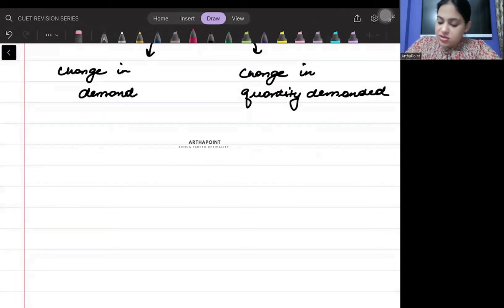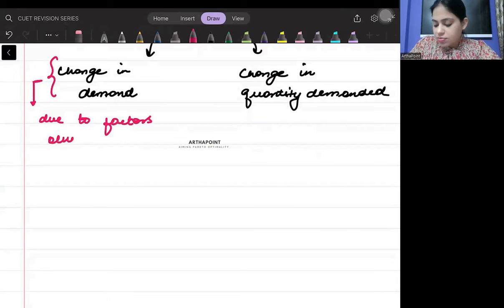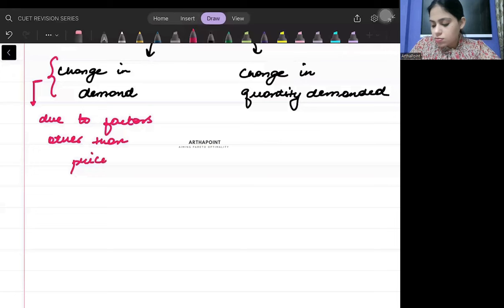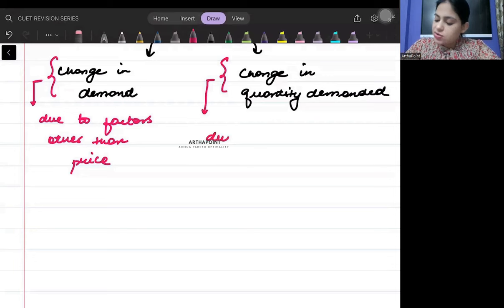So it is due to factors other than price. Whereas change in quantity demanded, it is due to price. ये price की वजह से.